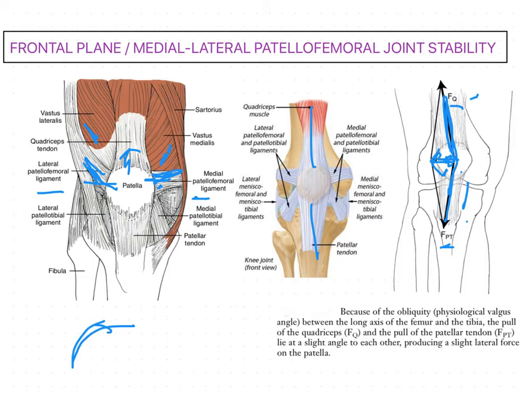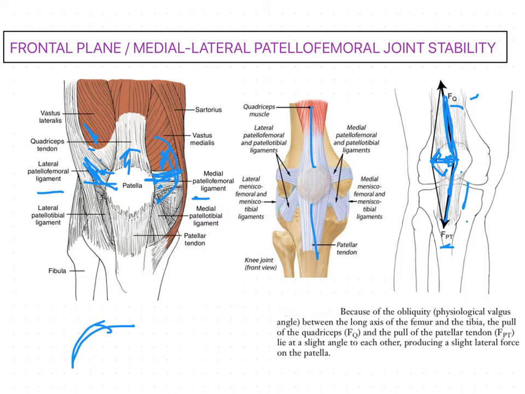Any relative weakness of the vastus medialis, especially the VMO, may substantially increase the resultant lateral forces on the patella. That means if the medial side is weak, the opposite side forces are definitely larger. Normally these two forces should be balanced. If one is weak, the force becomes unbalanced, and this will pull the patella towards the lateral side.